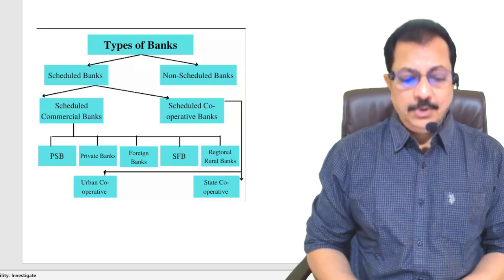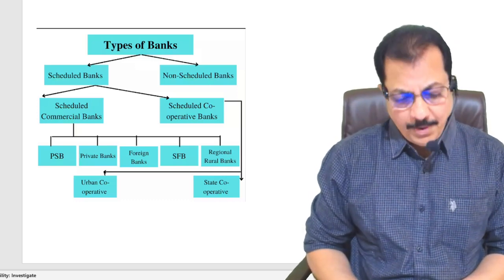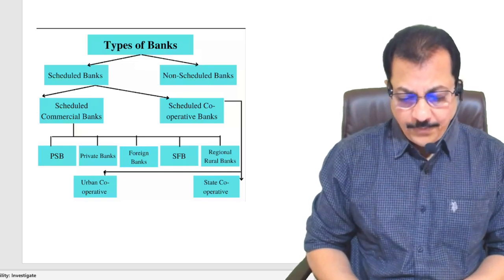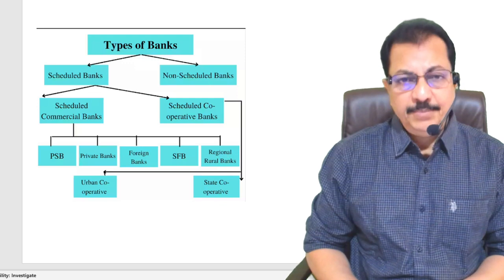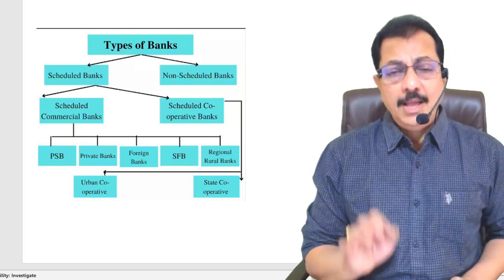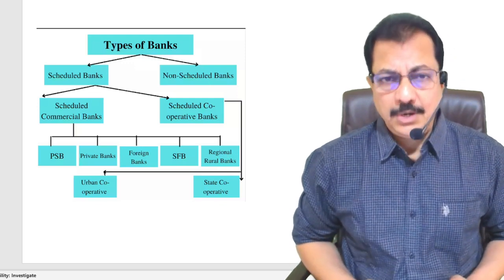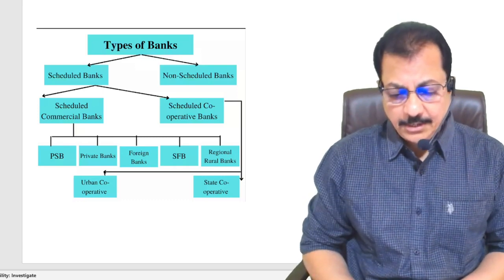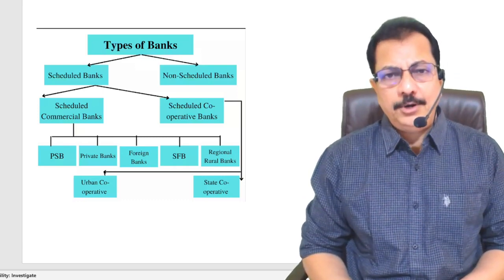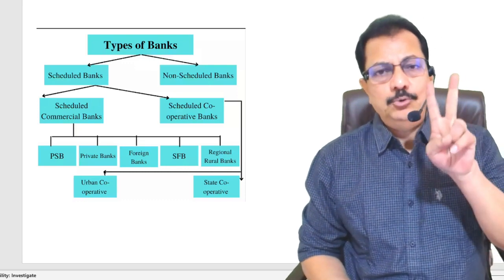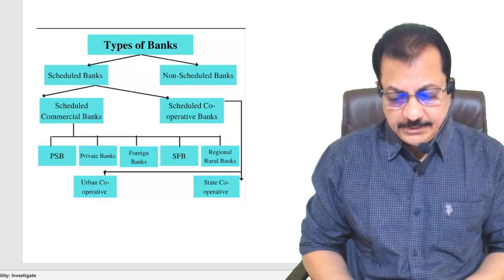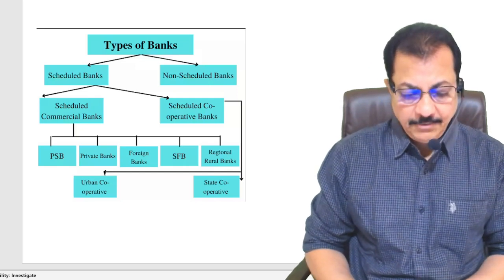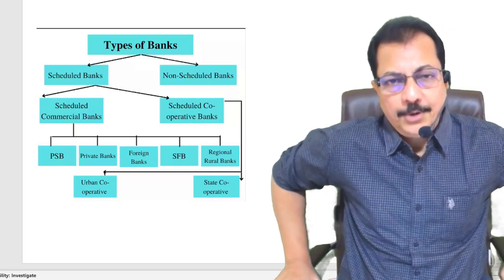Again, in the scheduled commercial banks, you have public sector banks, private banks, foreign banks, SFBs, and the RRBs, regional rural banks. Clear? And on the other side, the scheduled cooperative banks are divided into two types again. One is the state cooperative banks and another one is the urban cooperative banks.